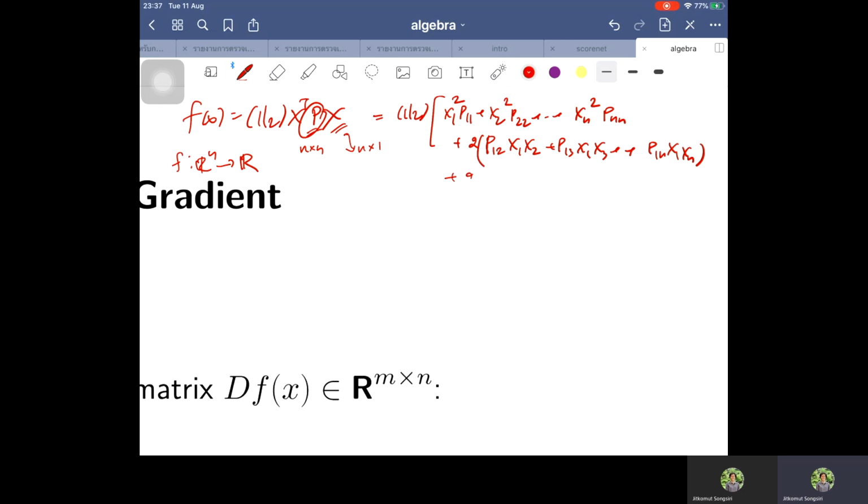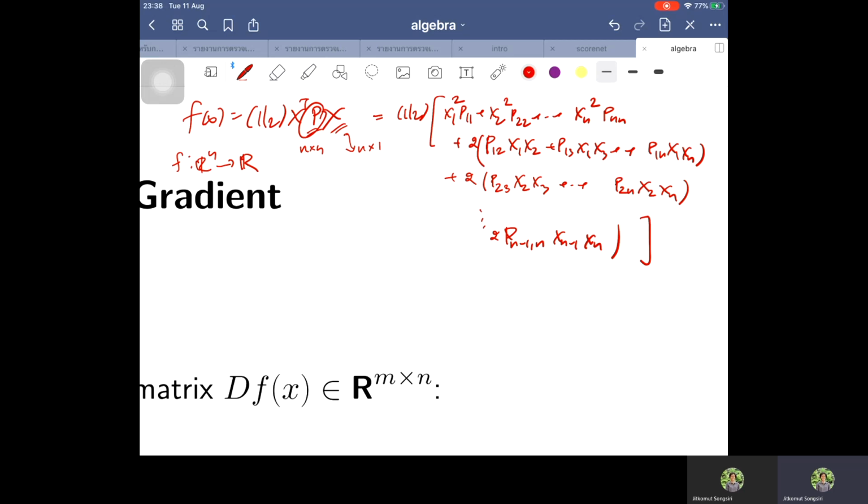And of course you're going to have the crossing terms between x2 and the other x. So it's going to be 2 p23 x2 x3, up to 2 p2n x2 xn, and so on, up to 2 p(n-1)n x(n-1) xn.